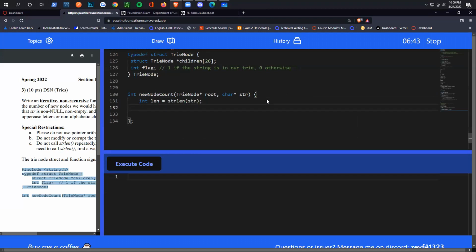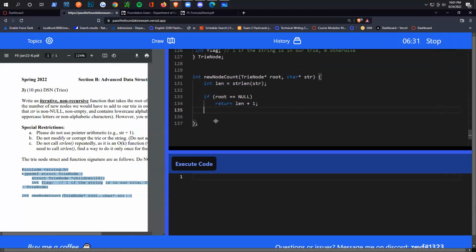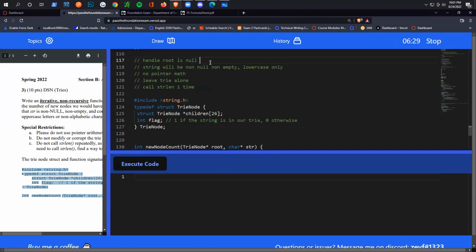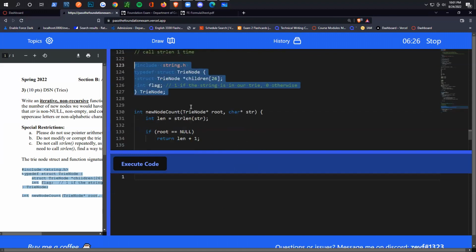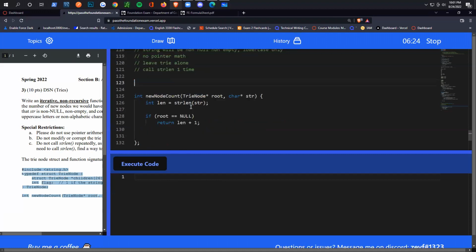Okay, so now we have the length. Let's handle right off the bat: root equals null. We're just going to end up returning length plus 1, because we have to account for the length, the number of nodes we have to add, plus 1 for the root that holds everything up. So that's one case done. We know that case is out the door. So done, right? Let's just delete this stuff.